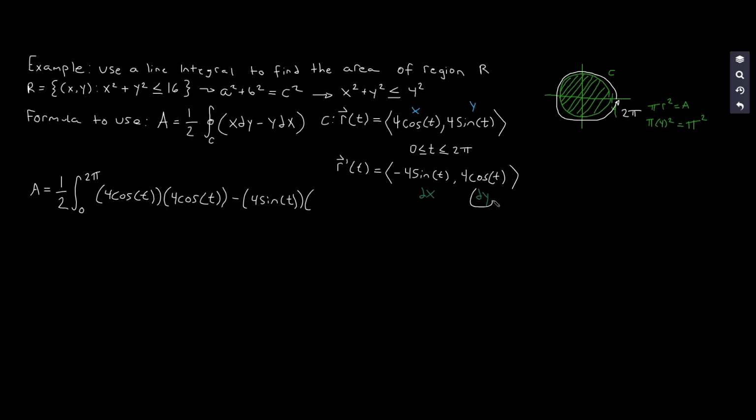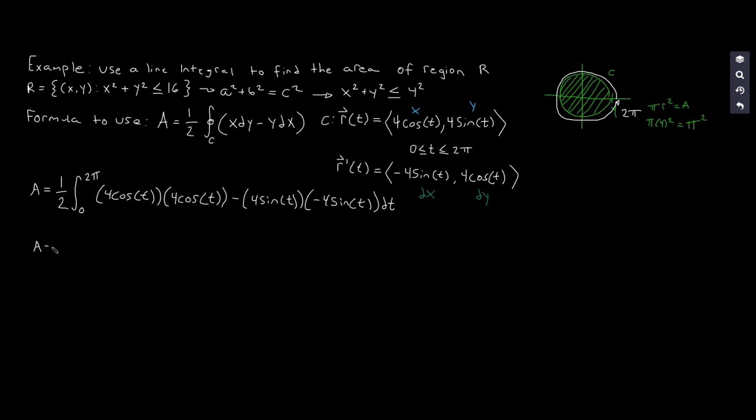And we need the dx, which is negative 4 sine of t. Okay, and this is all integration with respect to t. Right, so we can solve this.